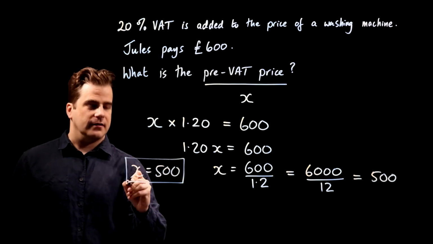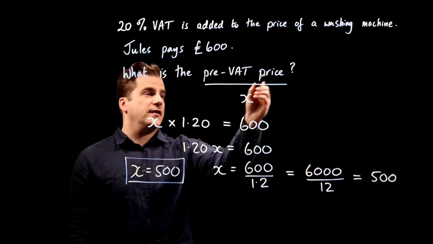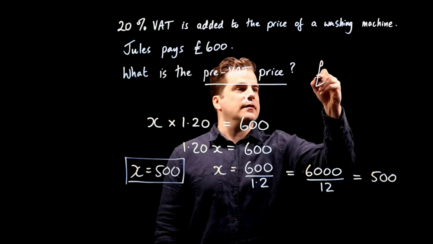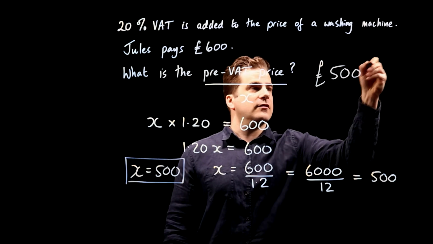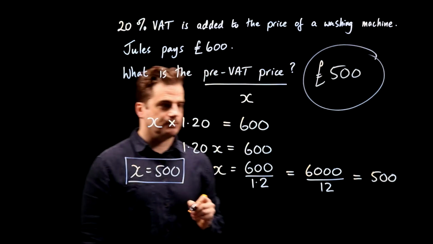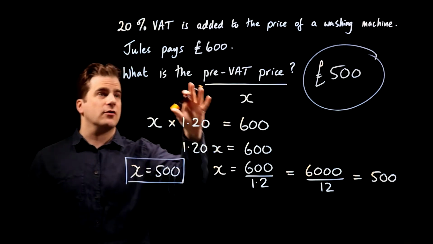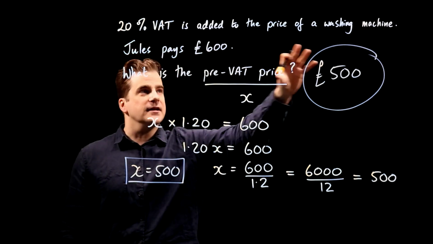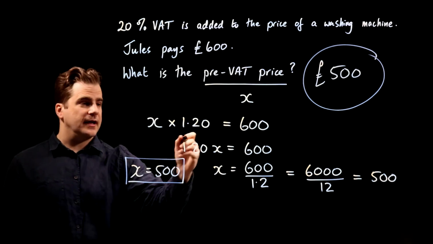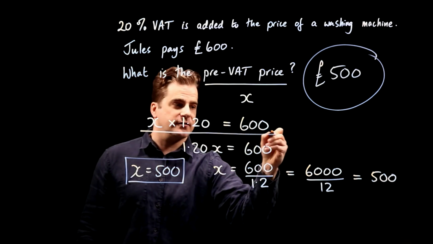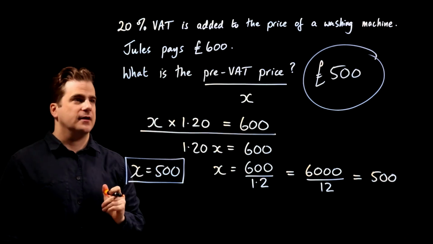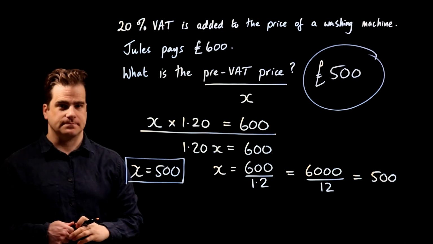Okay. So the pre-VAT price is £500. So the skill in this question is being able to convert English sentences into equations. That's a very important skill that you need to master.